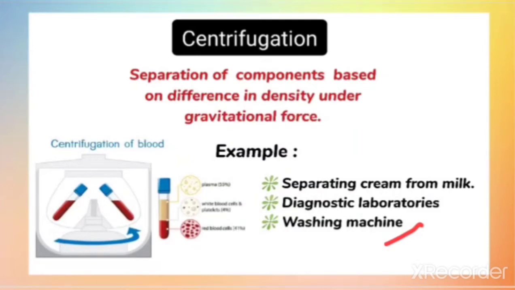When we keep wet cloth in the machine and it is spun rapidly, we can see that the denser one, the cloth, is forced to the bottom, and the lighter part, the water content, stays at the top, and the water gets removed from it. So the same process is going on in the centrifugation machine.